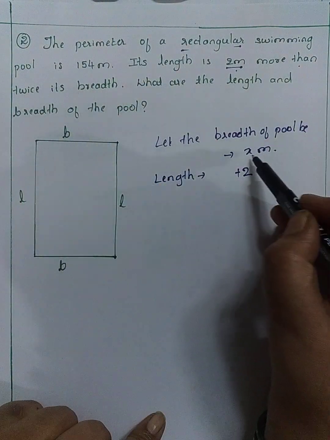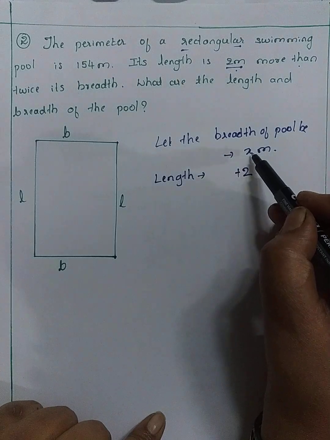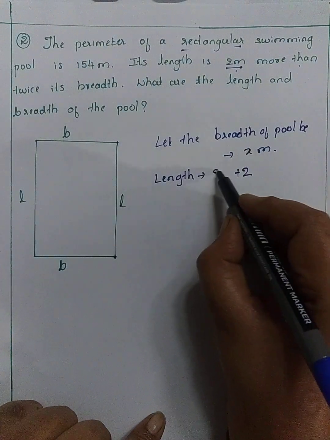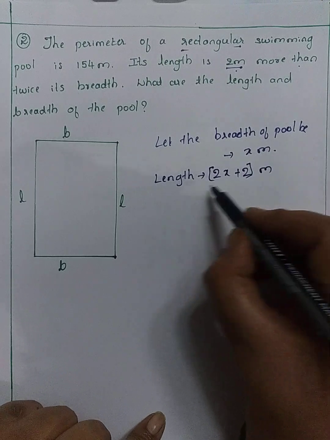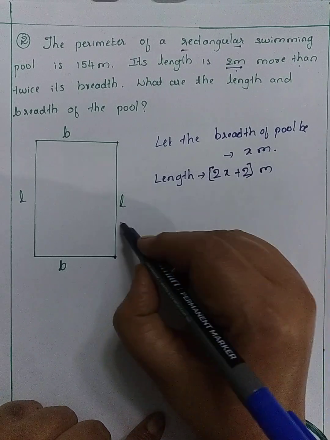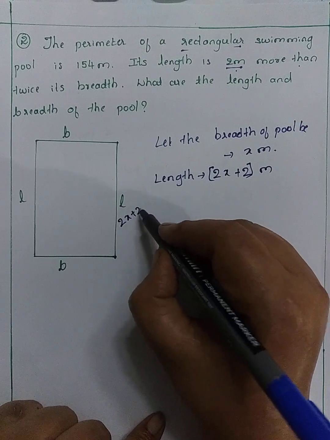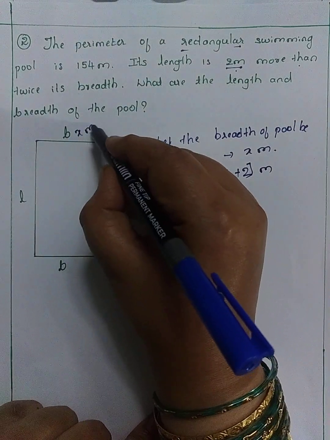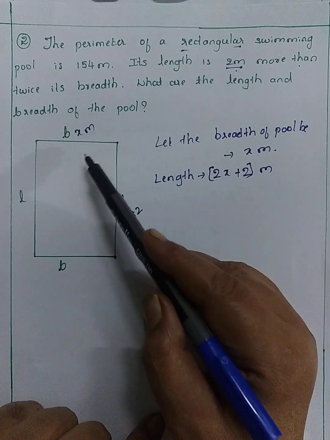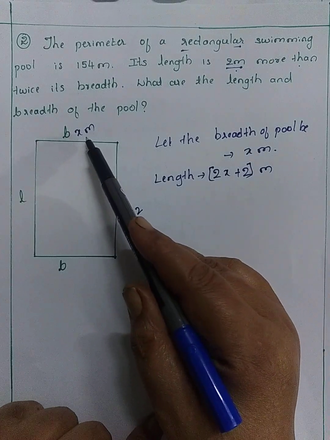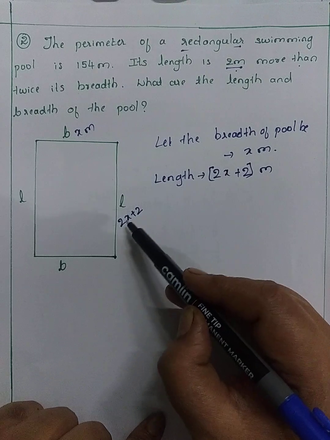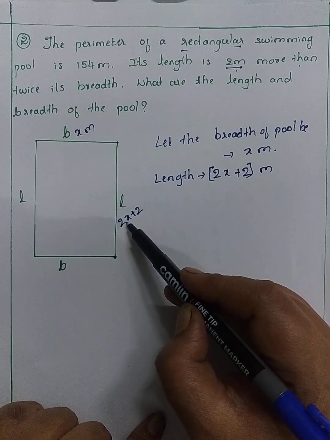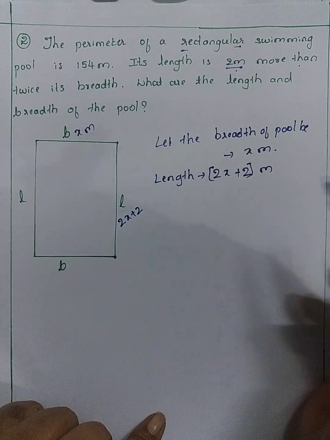Twice means, x is the breadth of the pool, twice the breadth means 2x. So the length of the pool is 2x plus 2. This is x meters. I hope you understood how x is taken, and 2x plus 2 is 2 more than twice its breadth. What is breadth? Breadth is x meters.